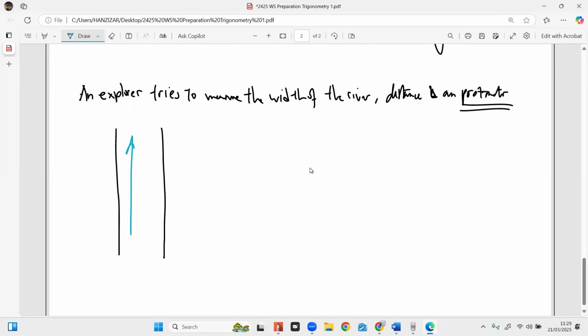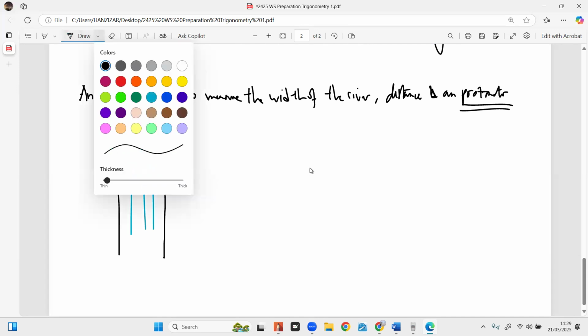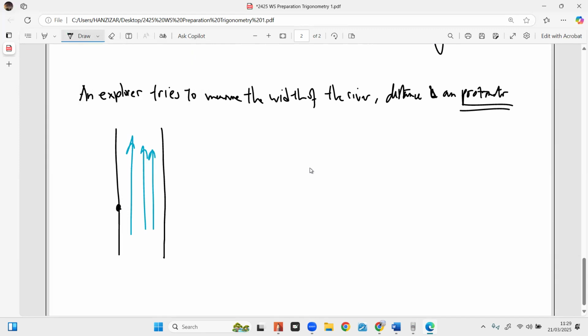Okay, this is the river. From here, they look at a certain tree. For example, this is the tree. Eagle view means you see from the top, from above. Yeah, we have the trees here.